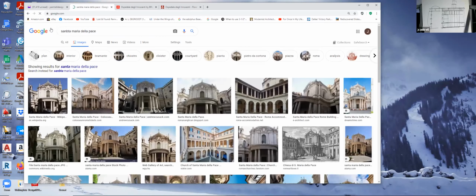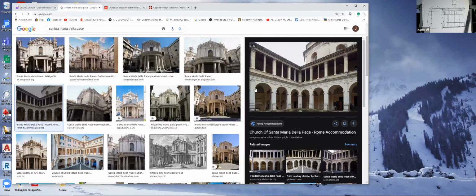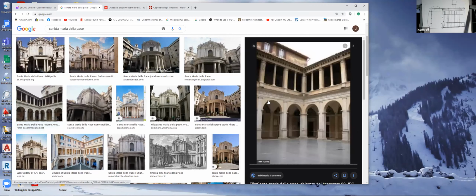Oh, definitely. Here, of course, is the superimposition of the arches with the columns as pilasters, but there's actually no entablature at all. There's just simply a spring line. That's really interesting, that you can see the rules are broken. This is the cloister in Santa Maria della Pace in Rome.